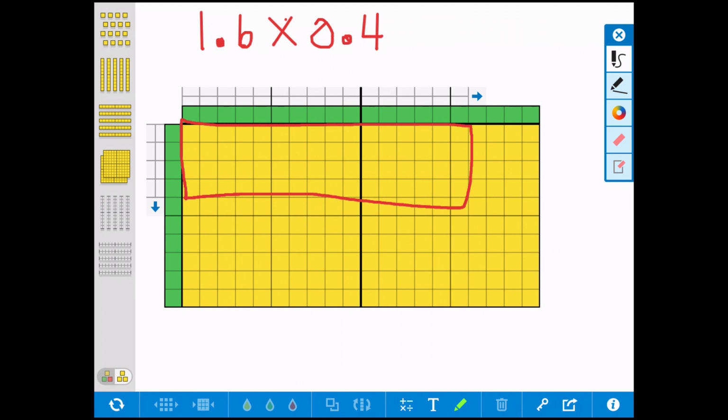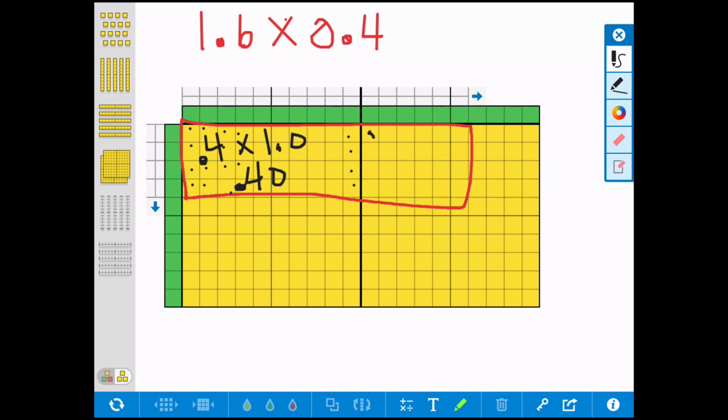So right here, it's going to be 0.4 times one whole, which gives us 40 little hundredths. If you counted them, 1, 2, 3, and so on. Okay, you get the idea. We would have 0.4 of them. We would have 40 hundredths.